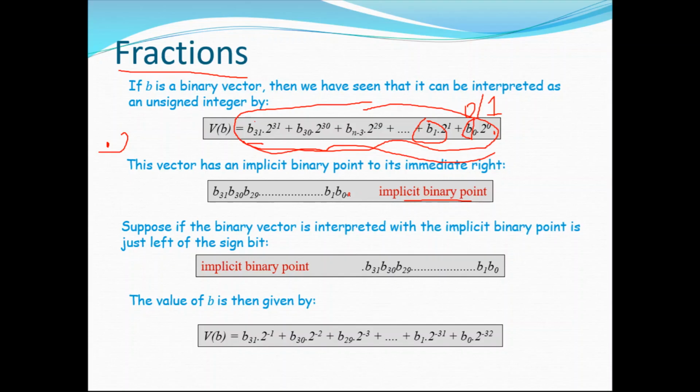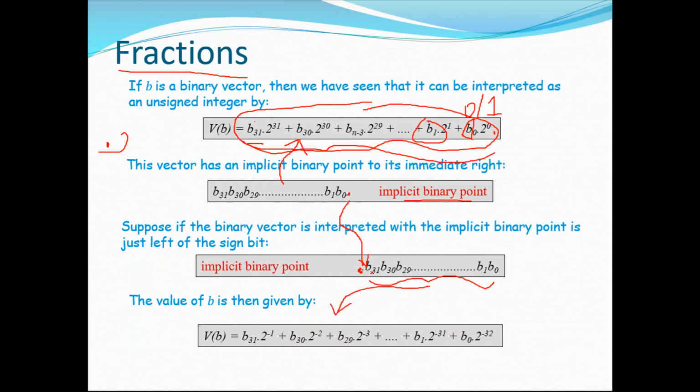Suppose, assume that instead of keeping this binary point at the right end, we keep it at the left end. How should this number be represented? By default the binary point is at the right end, and in that case the binary number will be represented like this. But if the binary point is at the left end, then the number should be represented like this.